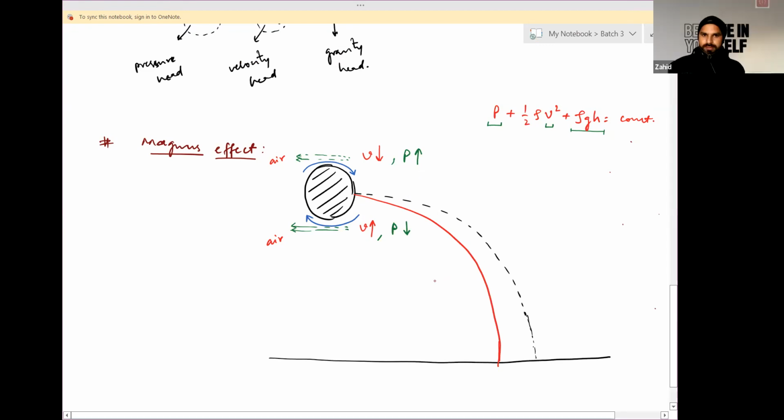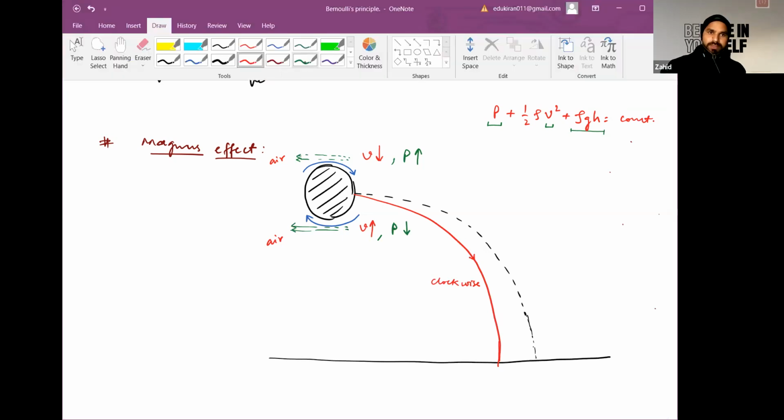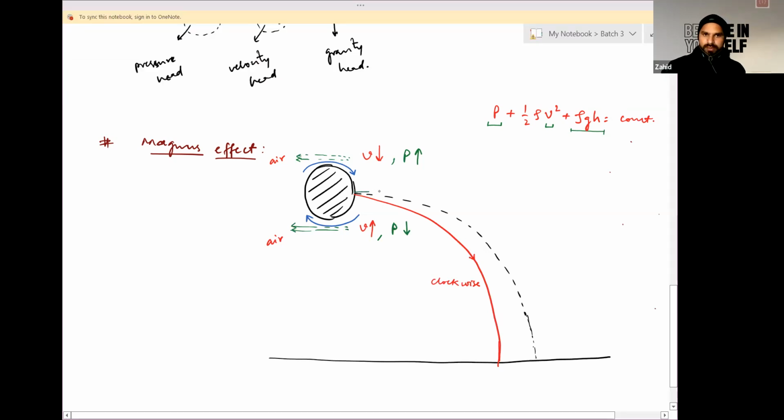So this particular path or trajectory of the ball is due to clockwise spinning. Similarly, if the ball moves with anti-clockwise spinning, it may follow this trajectory. And this middle part is no spinning.